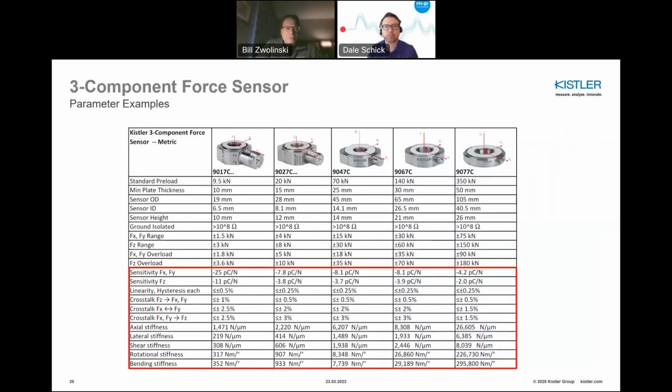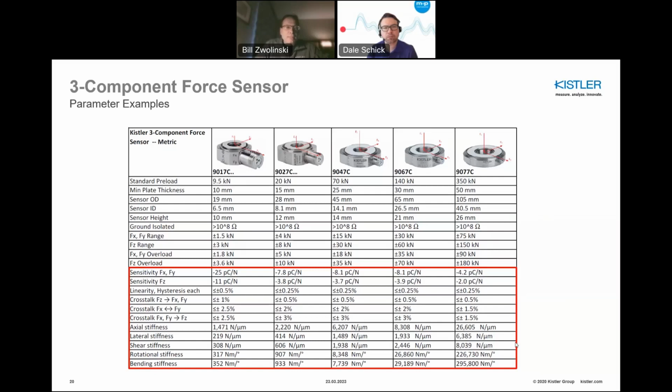Just to highlight what a force sensor might look like, these are 3-component force sensors at various load handling capacities and sizes. The sensitivity is roughly the same for these sensors, but there are some special cases where different materials might be used internally. What you like to see here is that the axial, shear, rotational, and bending stiffnesses are clearly defined.